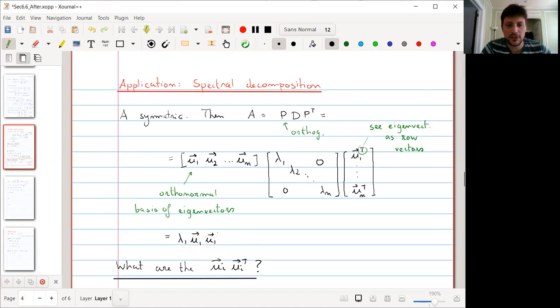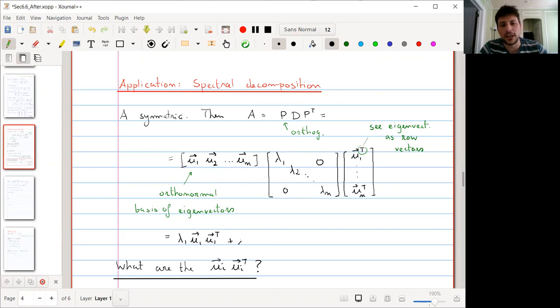The entries of this matrix are just given by the following sums. You will get at some point U1 that multiplies U1 transpose and the eigenvalue lambda 1, and then U2 will multiply the eigenvalue lambda 2, and so on and so forth. I think maybe the best way to see this is to compute first the multiplication of this vector with this matrix over here, column by column, and then use the orthogonality of the vectors involved.